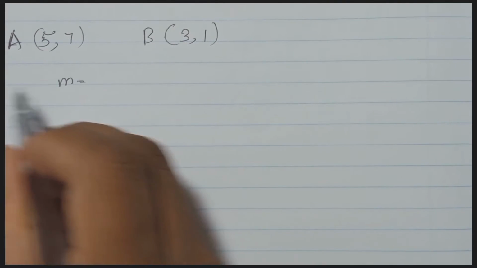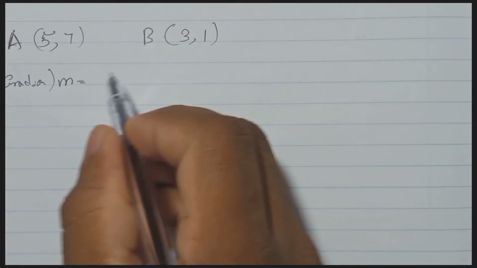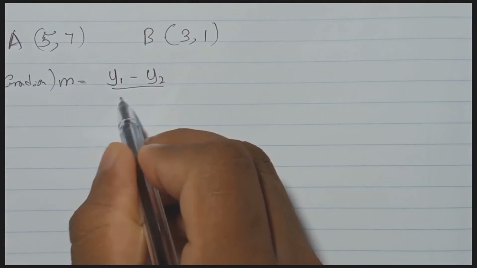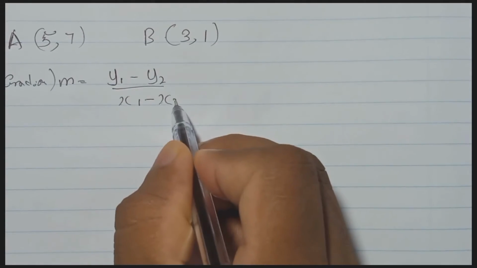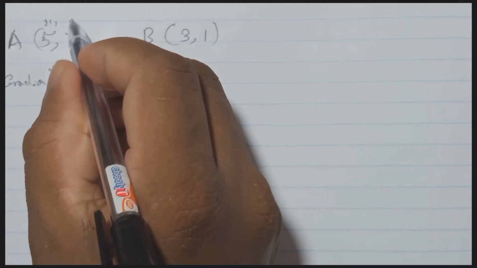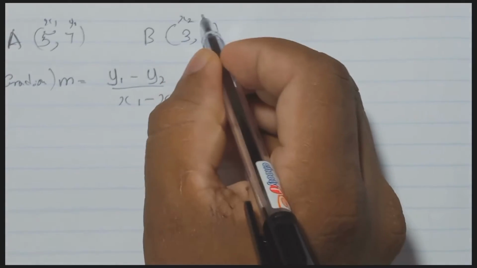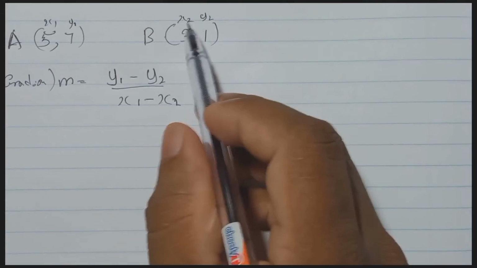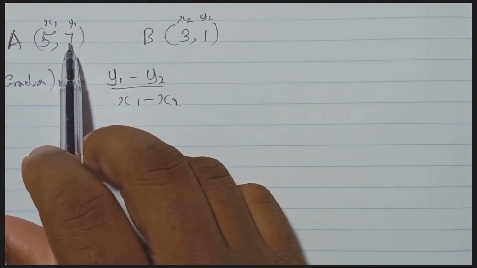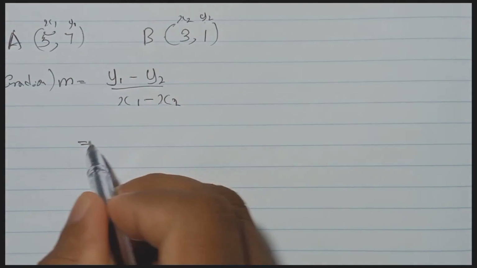We will write m, the gradient, equals y1 minus y2 over x1 minus x2. Now like I did earlier, this is x1, this is y1, here x2, here y2. It's up to you.